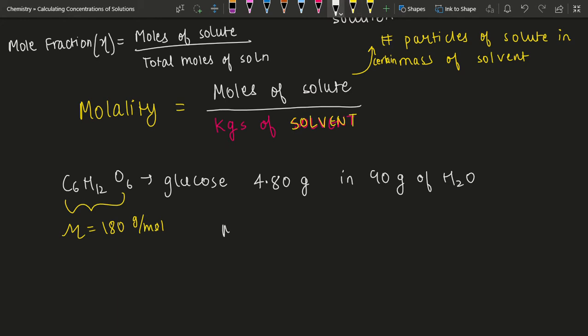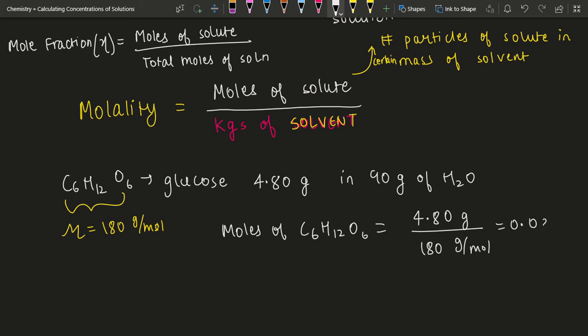So first let's figure out moles of C6H12O6, the moles of solute, and that would be 4.80 grams over 180 grams per mole. So you divide the actual mass by the molar mass, and if you do the math, it comes out to be 0.0266 moles.